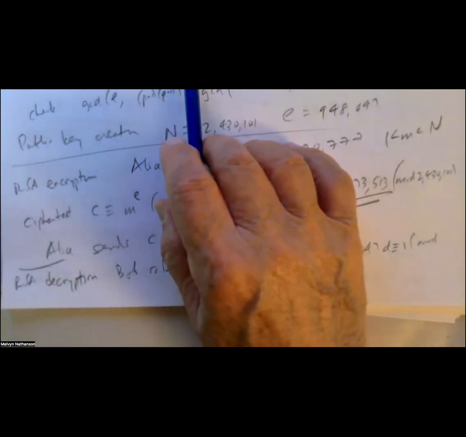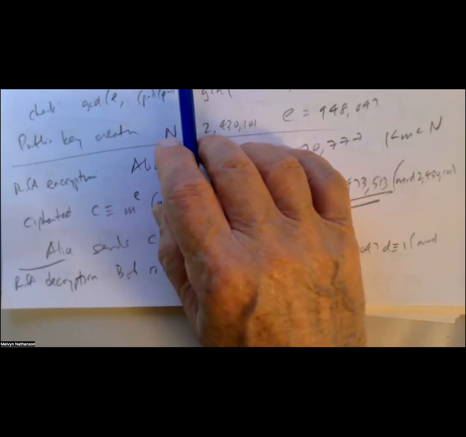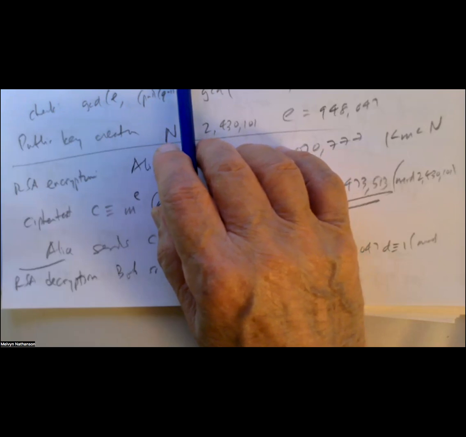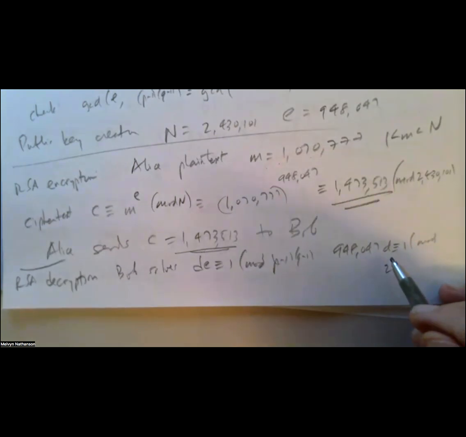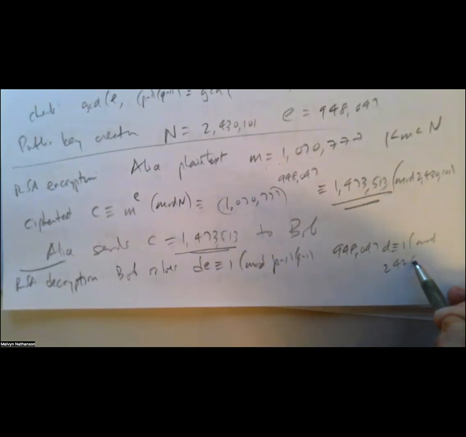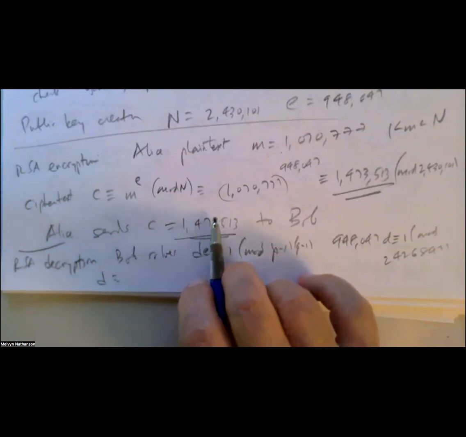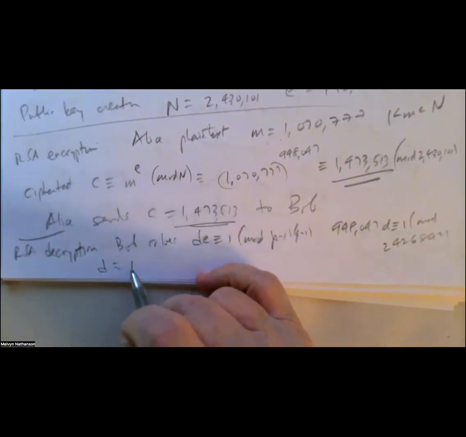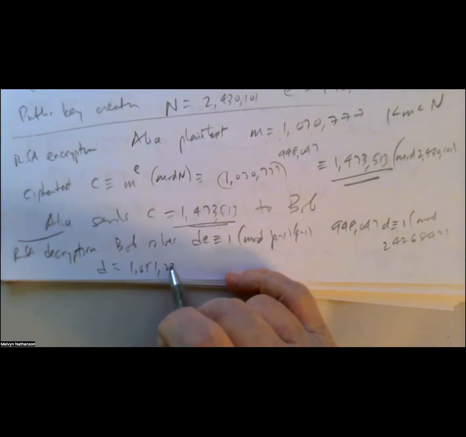When you multiply them by hand if you're patient, by calculator if you are not, (P minus 1)(Q minus 1) is 2,426,892. And you get D is equal to 1,051,235.